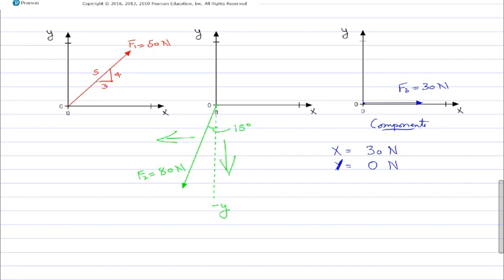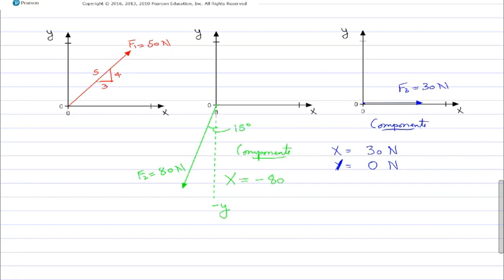So when you write it, the way I like to do this is write them with their signs. So if I write the components of green, I have the x as negative 80 times, think about it, will it be the sine or cosine?